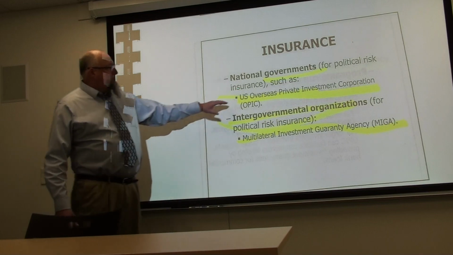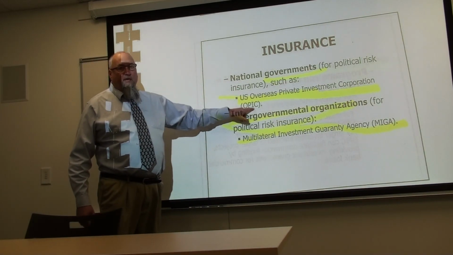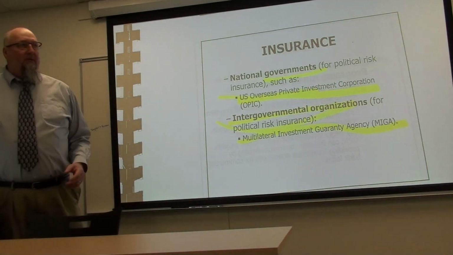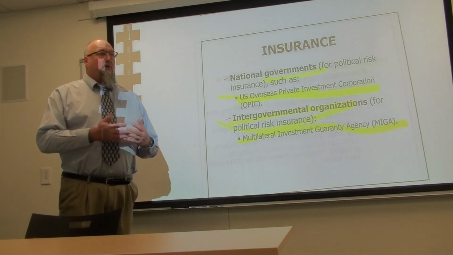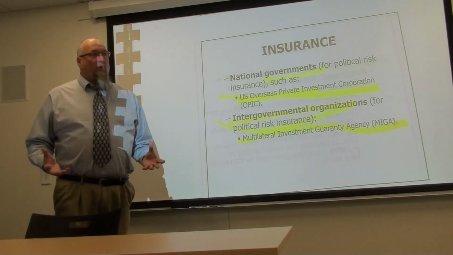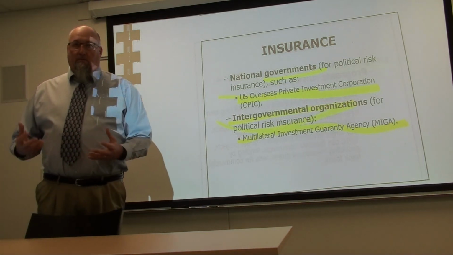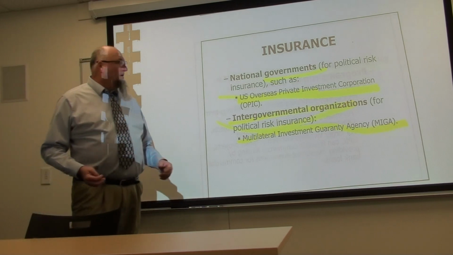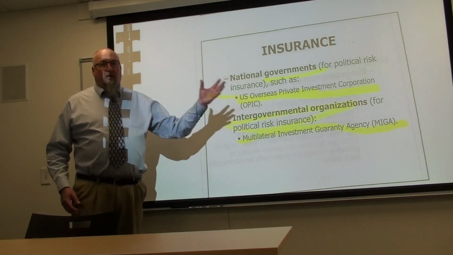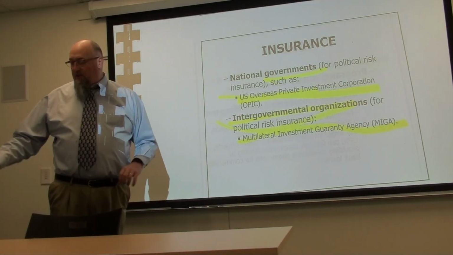So the U.S. Overseas Private Investment Corporation, abbreviated OPIC, is a program run by the United States government and allows United States-based businesses to apply for an insurance policy when they're making an investment in a foreign country, and that will provide insurance in the event of an expropriation or other political risk activity, which we'll get more to in a minute.